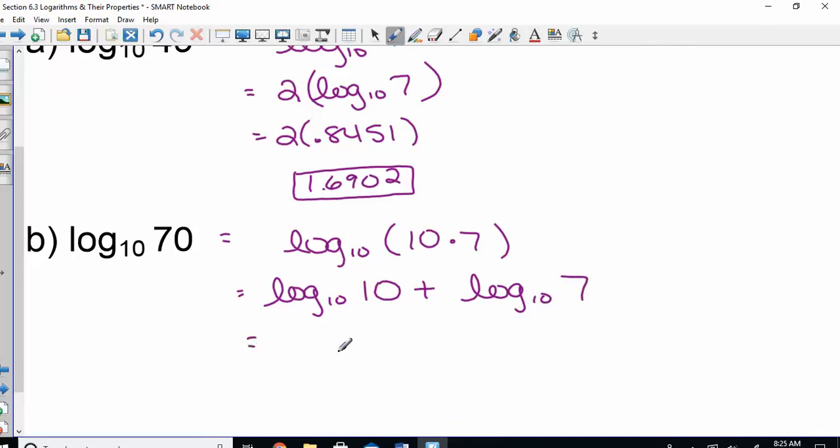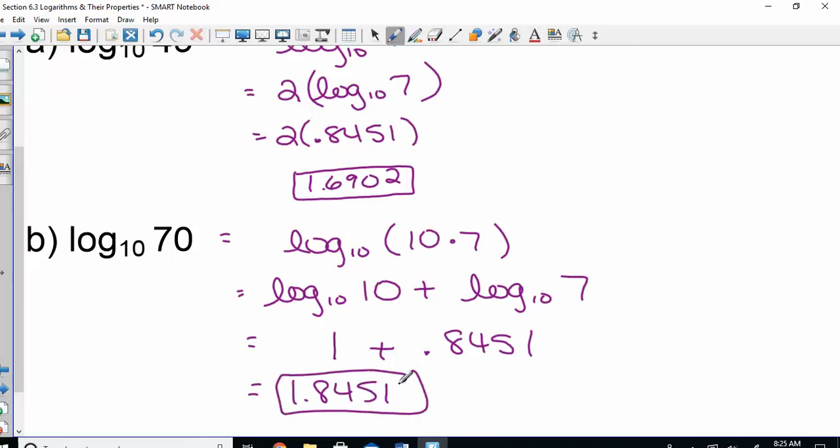What is log base 10 of 10? 1. Log base 10 of 7. Okay. And then we just add that together. So I might ask you to use those properties to evaluate something. Any questions for me?